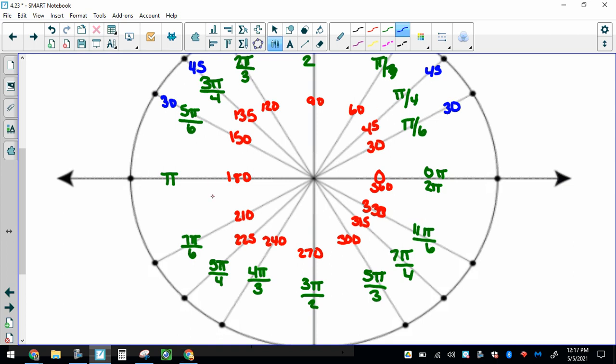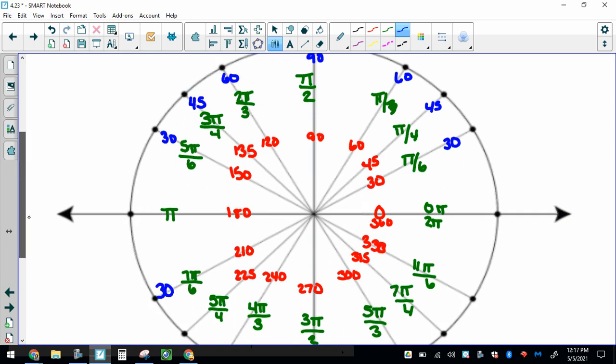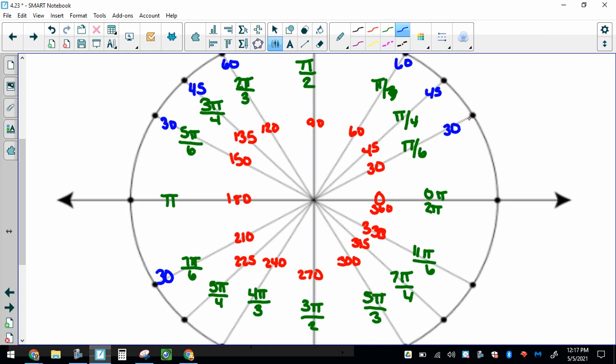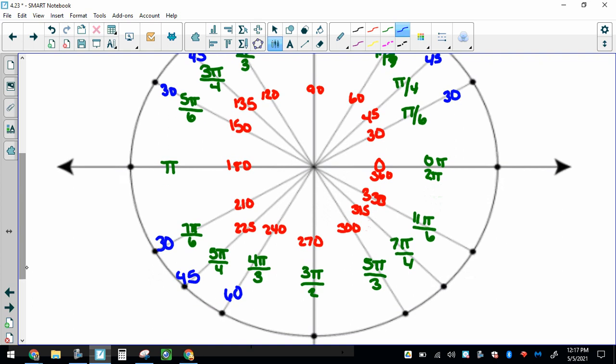I'm closer to 180, so we're going to measure how far from 180 am I. Well, still subtraction, 210 minus 180 is 30 degrees. And notice that there's three 30-degree angles right now. 225 to 180 is 45 degrees. 240 to 180 is 60 degrees. 270 to 180 is 90 degrees.